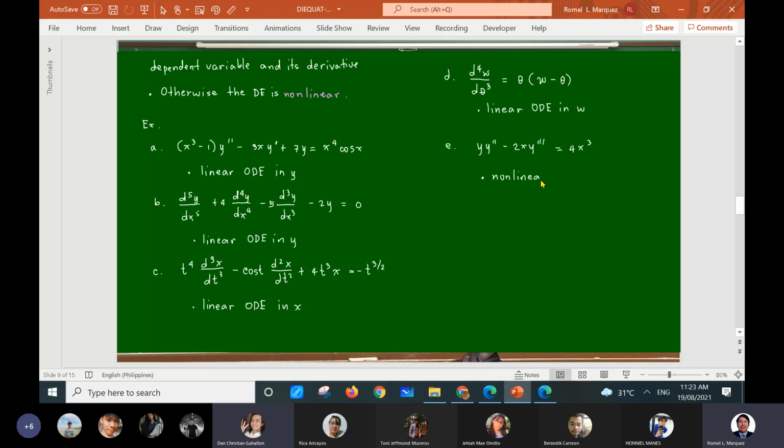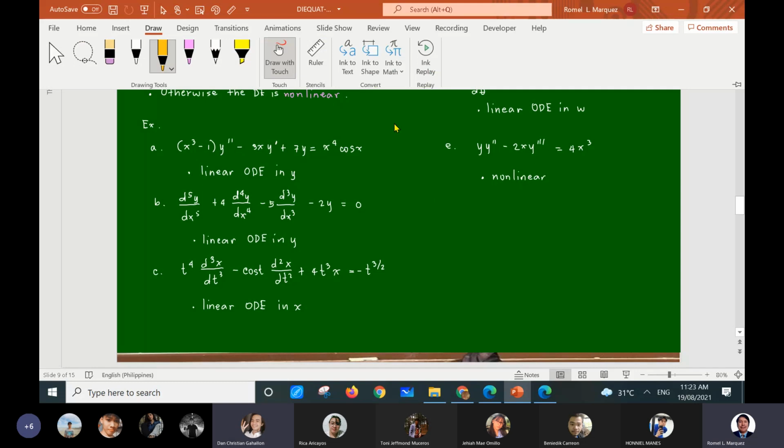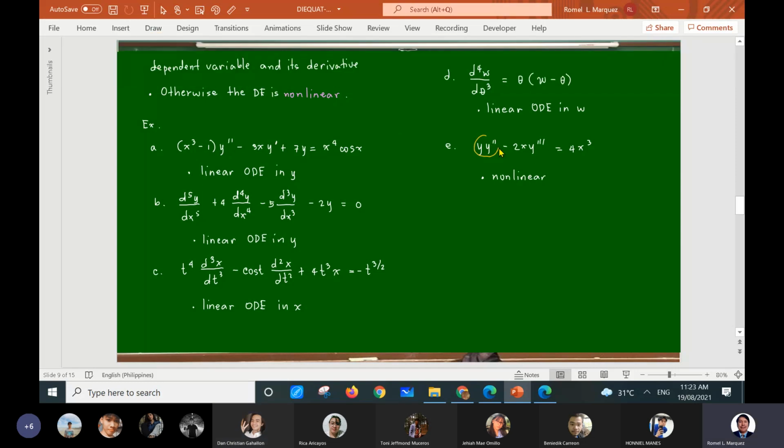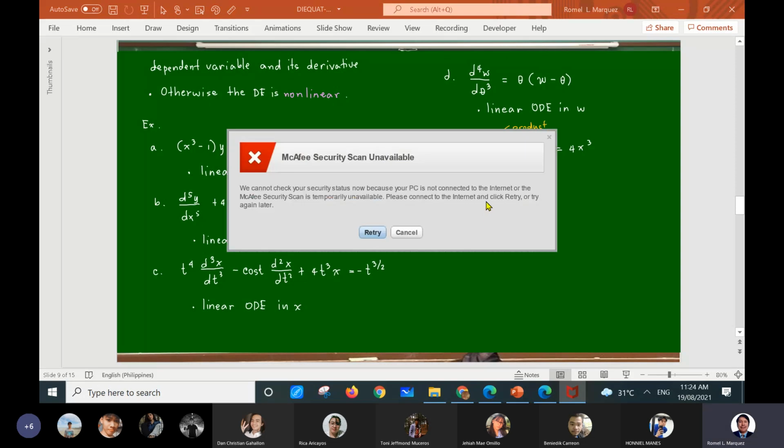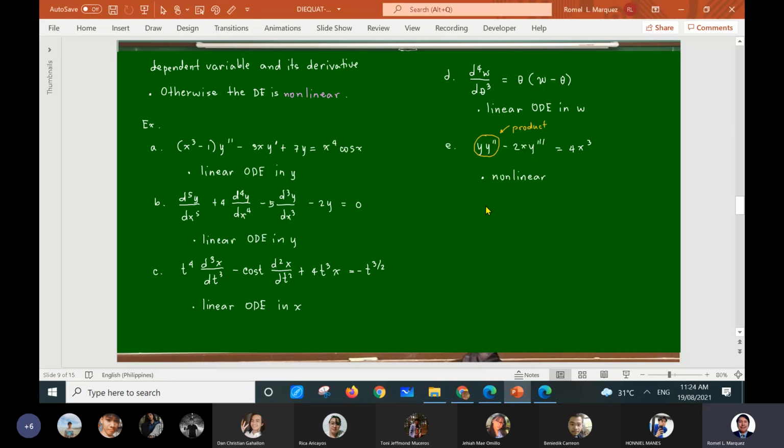What is the reason, guys? Because of this, this is a product involving both the dependent variable and derivative. Dependent and derivative, so violation. So this is a non-linear ODE in y. Non-linear ODE in what? In y.